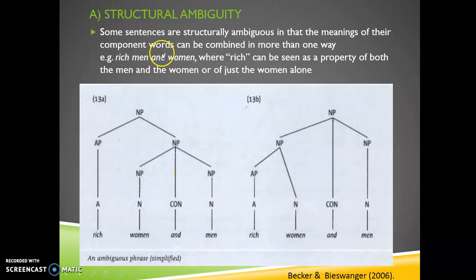Okay, one of the ideas, to make it very clear, has to do with structural ambiguity. Some sentences are structurally ambiguous in that the meaning of their component words can be combined in more than one way.